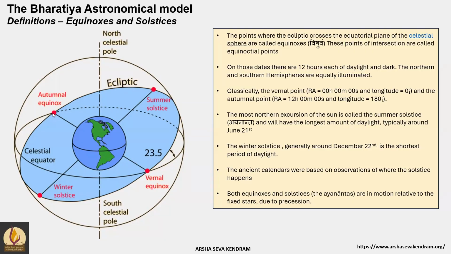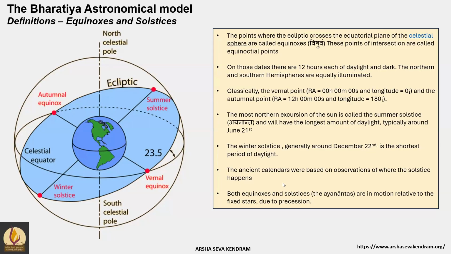The autumnal point has a right ascension of 12, 0, 0 and a longitude of 180. The northern extreme of the sun is the summer solstice. The southern extreme of the sun is the winter solstice, typically happening around December 22nd.